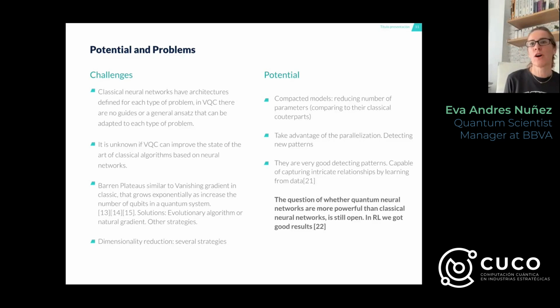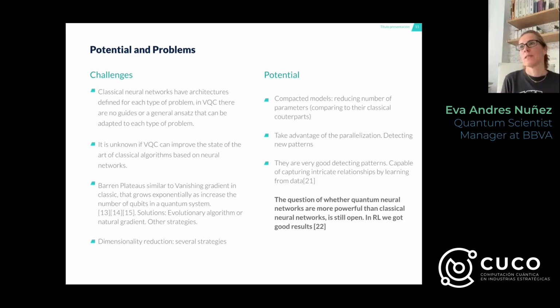If we have to solve a binary classification, we have a specific error function, a specific topology in multi-class or whatever we need. But this is not the case for quantum machine learning. We don't have any guideline or standard architecture to follow depending on the problem that we have to solve.